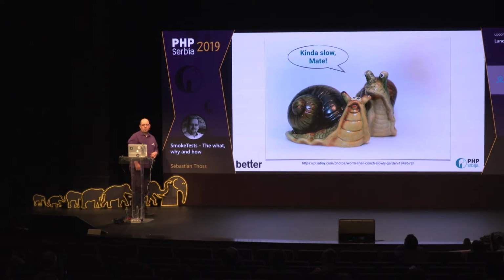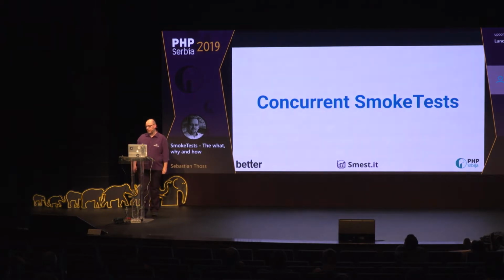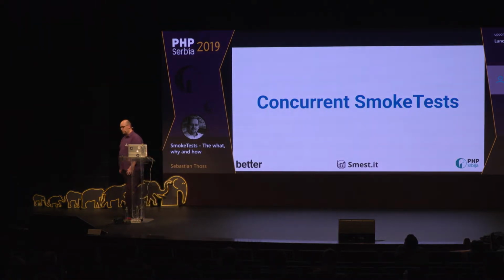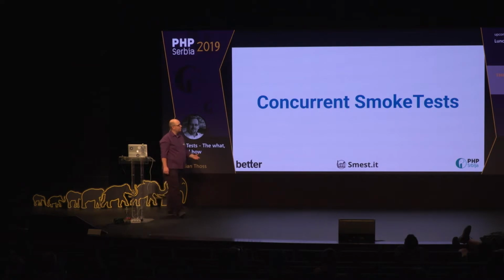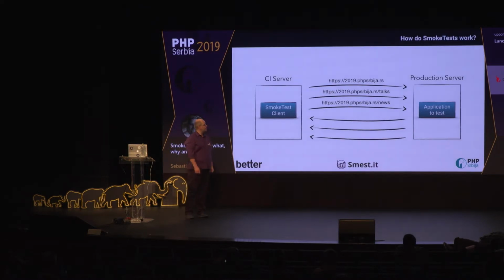We said, okay, come on, let's try concurrency. Why not use concurrency? We looked into libraries. Curl is happily handling concurrency, and all these callbacks you can easily set up. So we said, okay, let's try this. Here it's just 3.